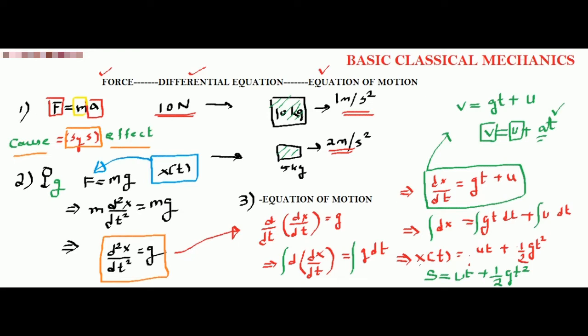This is a special equation because it comes from the basic differential equation of translational motion. v equals u plus gt is not the basic equation of motion; it can be derived from the definition of acceleration itself. So the basic equation of motion is actually x, the position, equals ut plus half gt square.